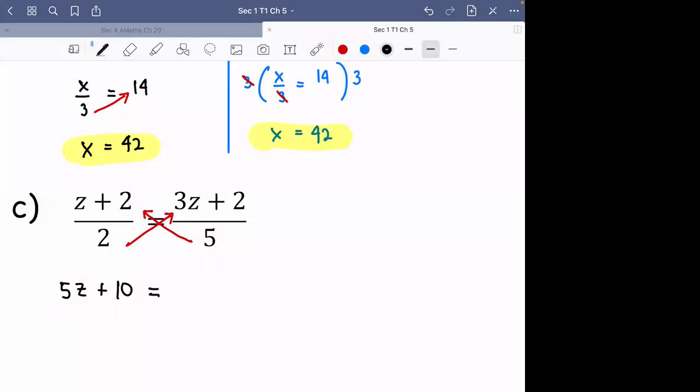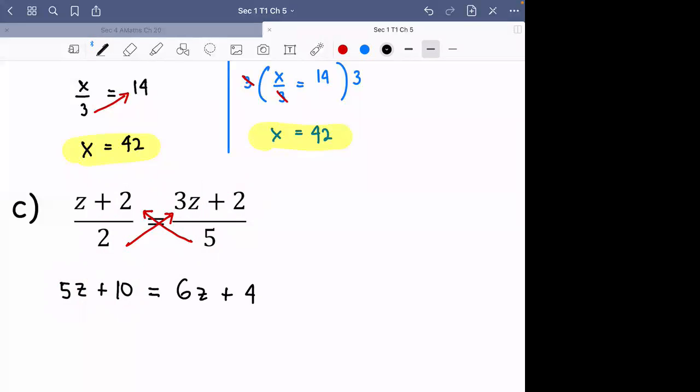Then equals 2 times 3z gives you 6z, and then 2 times 2 here is equal to 4. So you have your equation now without any fractions.